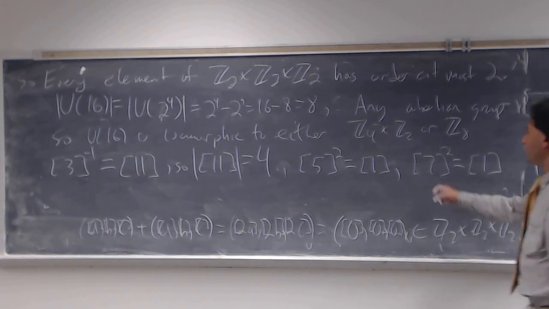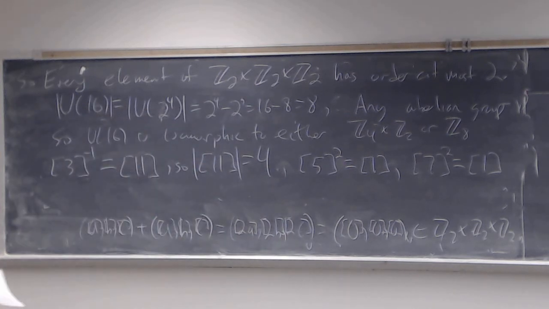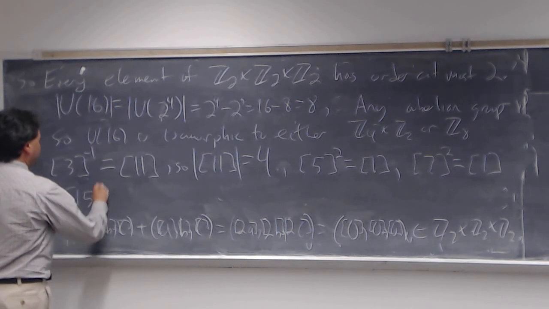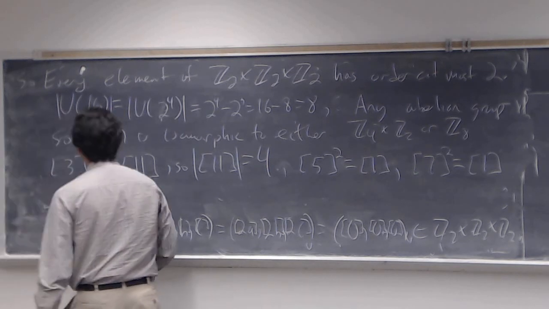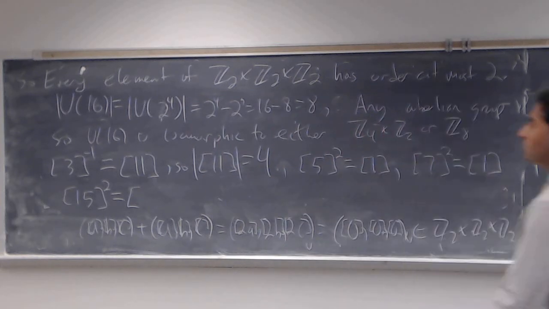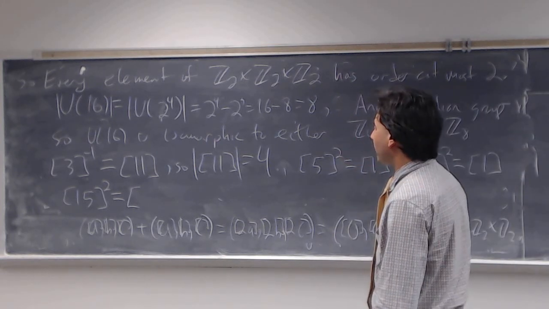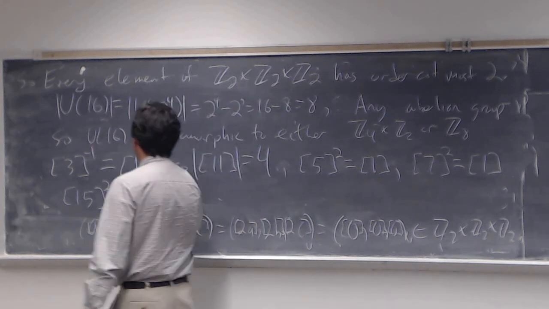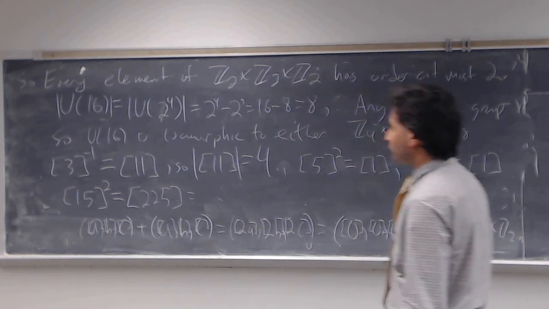There are 8 elements. Here's 1, here's 2, 3, 4. Certainly 1 won't work. Negative 1 is what? 15. So 15 squared should be the identity, because 15 is really like negative 1, since 1 plus 15 is congruent to 0 mod 16. This would be 225, and we'll just say that's equal to 1.